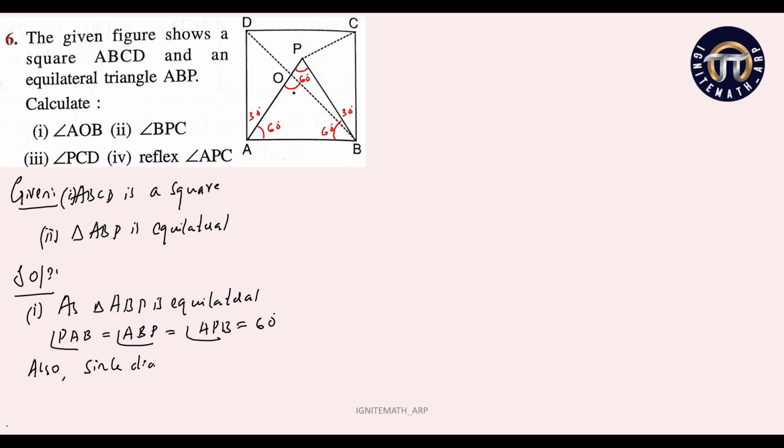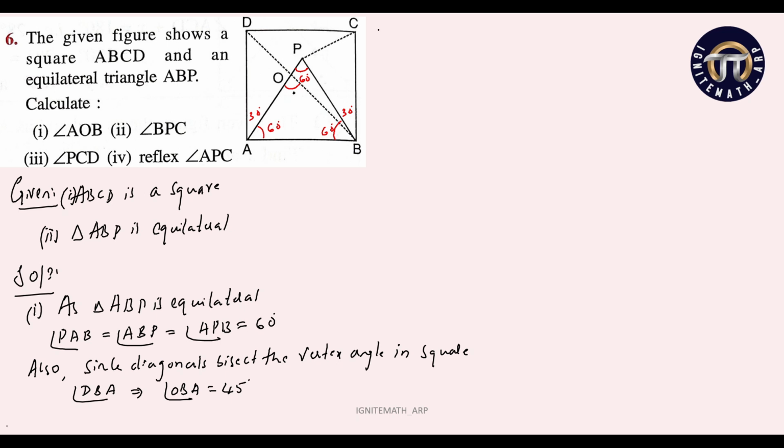Also, since diagonals bisect the vertex angle in a square, I can say that angle DBA, which is the same as OBA, is equal to 45 degrees.